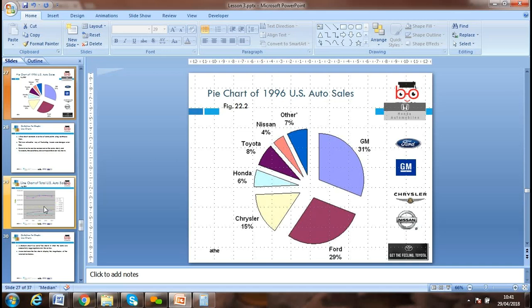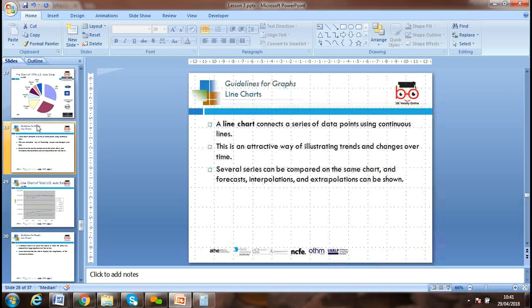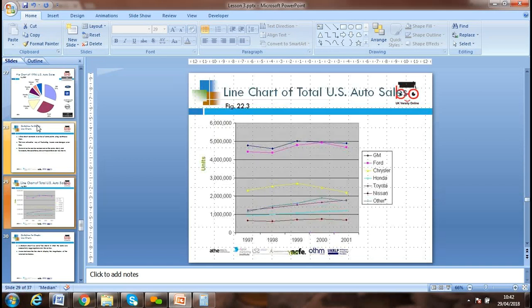Okay, next, that's the pie chart. Next is a line graph. Show the line graph, same thing. We need to decide which graph is easy and understandable for our user and what their intellectual level is.